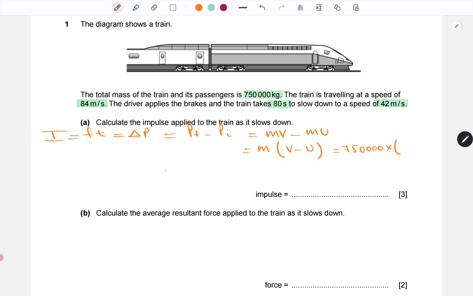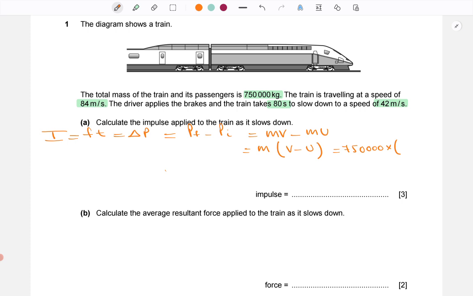Now, which one is the final velocity and which one is the initial velocity? Let's check the statement again. The train is traveling at a speed of 84 meters per second. It means the initial speed of the train was 84 meters per second, right? Now after the driver applies the brake, the train takes 80 seconds to slow down to a speed of 42 meters per second.